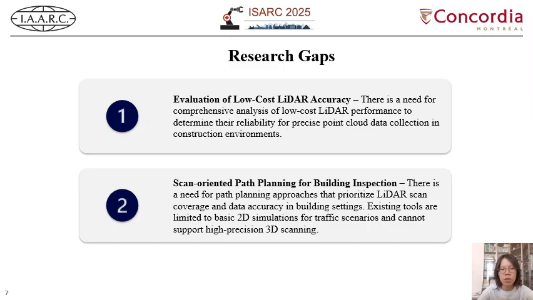For the research gap, we think there is a need to evaluate low-cost LiDAR accuracies to determine their reliability for collecting precise point cloud data. The second is a need for a path planning approach that prioritizes LiDAR scan coverage and data accuracy in building settings.